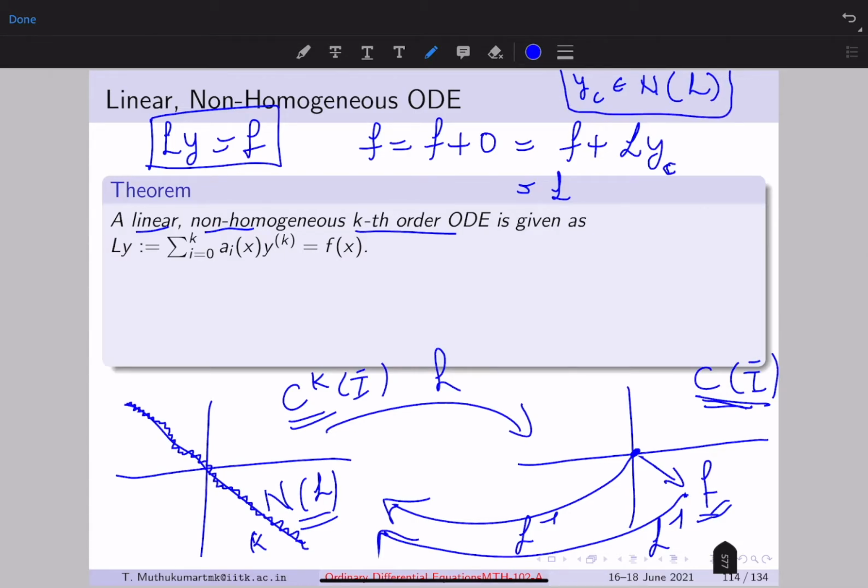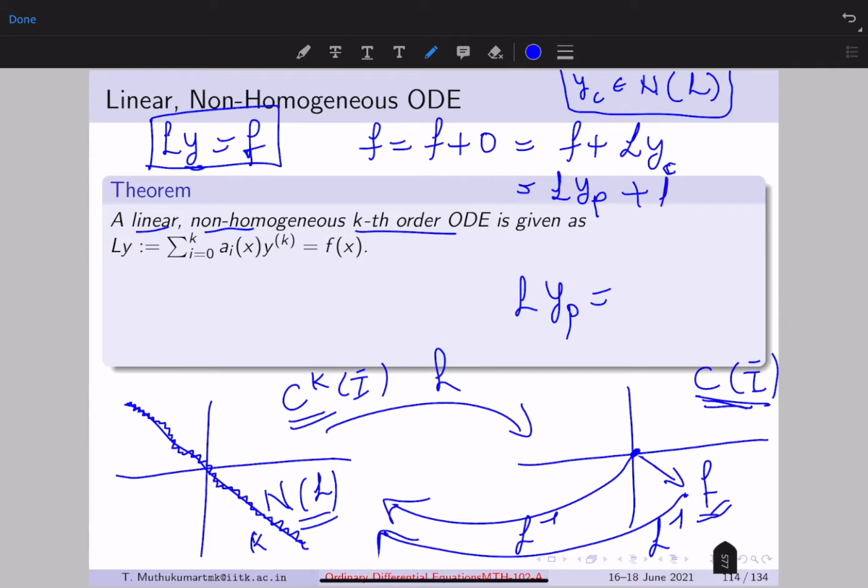So we want to find all y such that Ly is equal to f. Suppose you are able to find one y such that Ly equals f, let's call that yp.